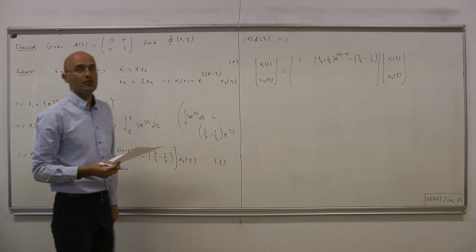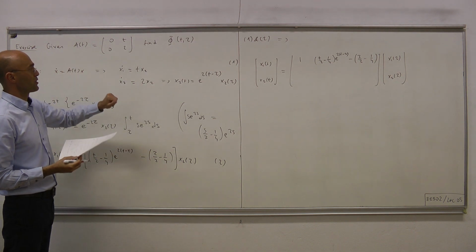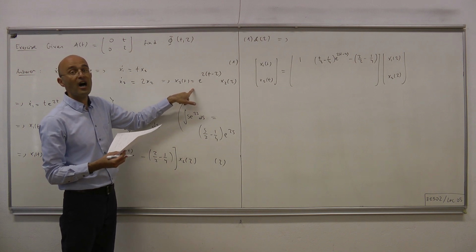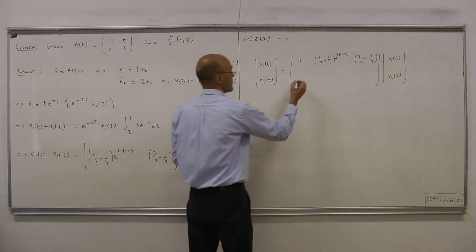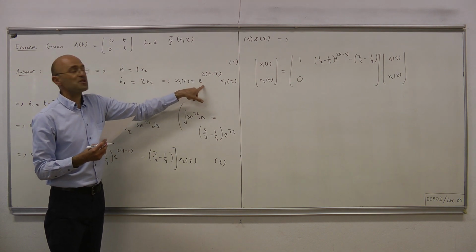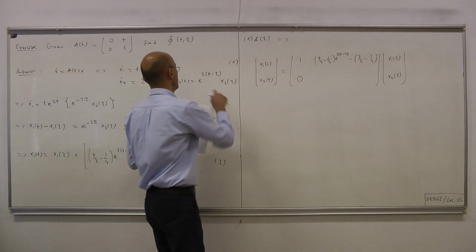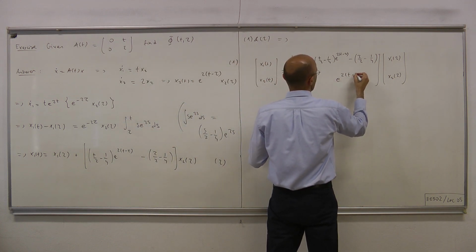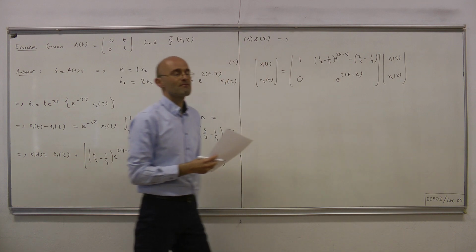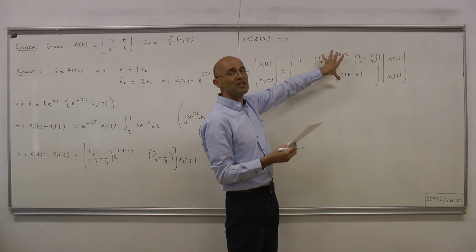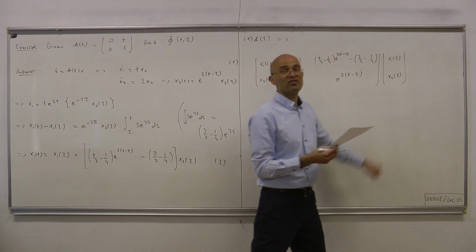How about the second row? For the second row, we look at the first equation, the x2 of t equation. x2 of t equals 0 times x1 of tau, so this entry must be 0, plus this times x2 of tau. Therefore, we have e to the 2(t minus tau). Now what we have is x of t equals a matrix times x of tau.